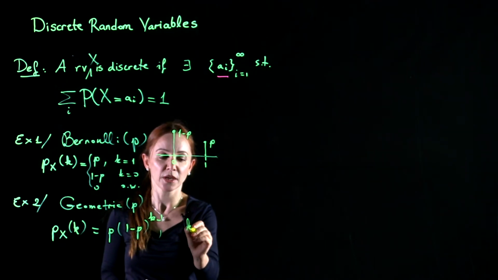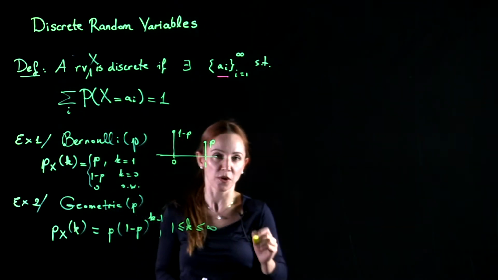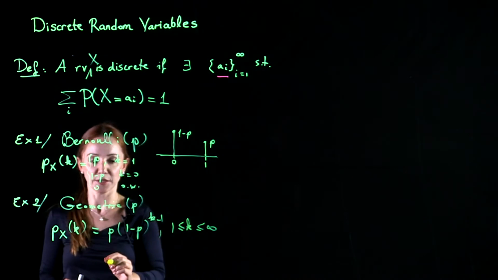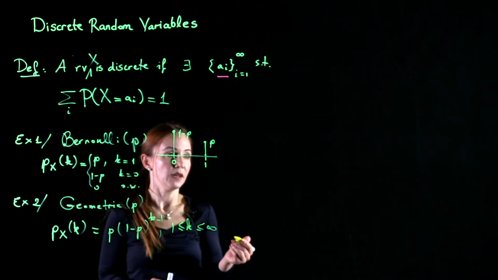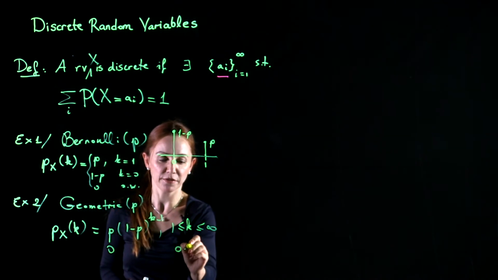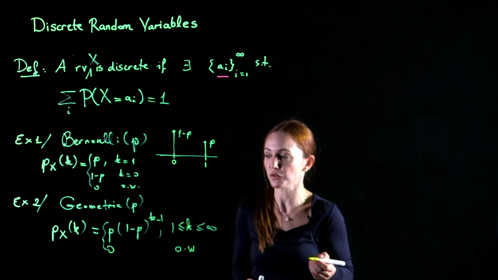So here k can be integers from 1 up to infinity. So basically the PMF is 0 for all other values of k, for negative values of k, and k equals 0.